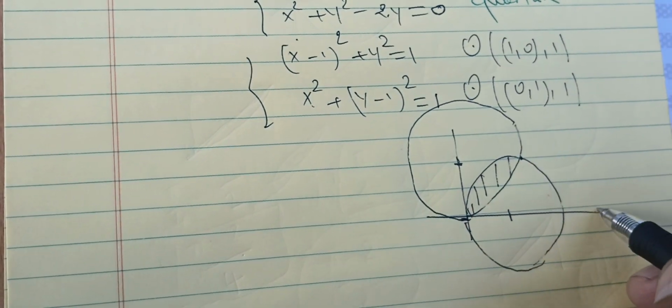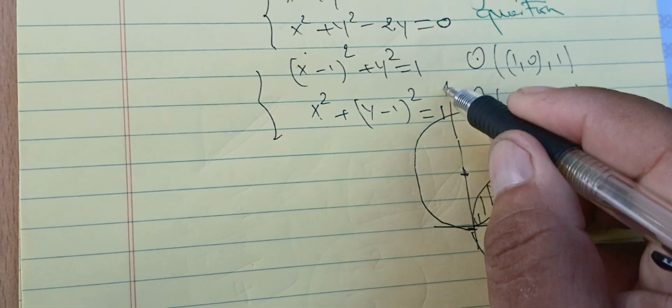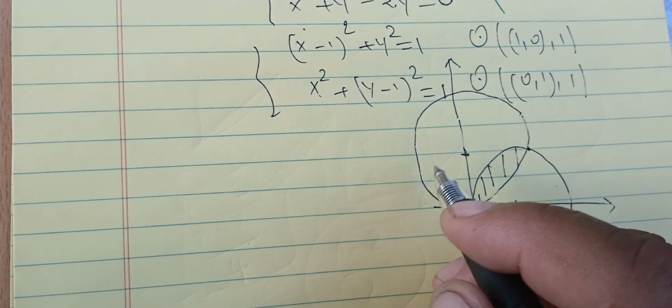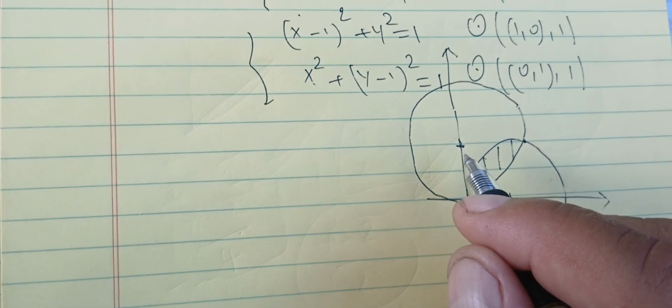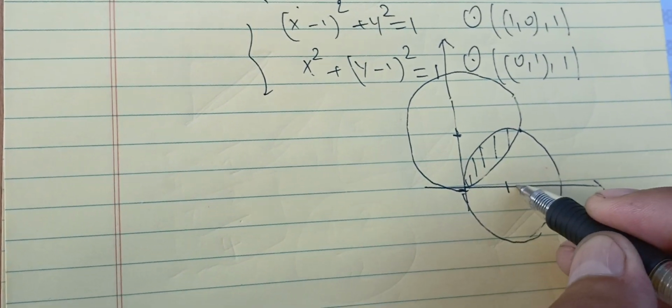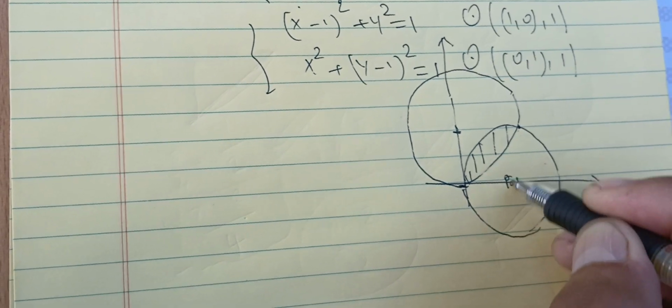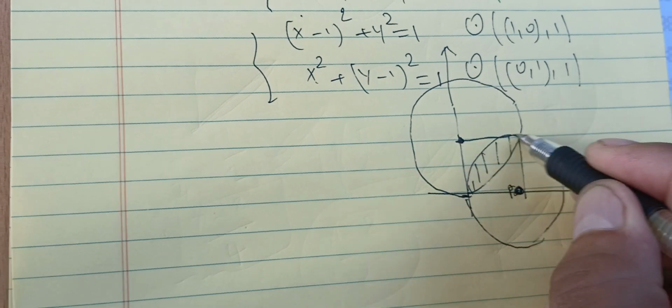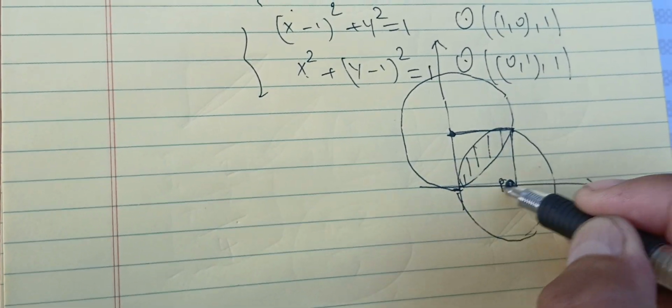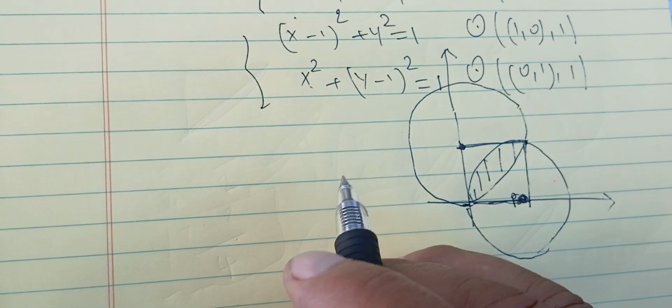I think there is an easy way to solve this kind of question. Let's say this is 1. Here we see that this is a square.